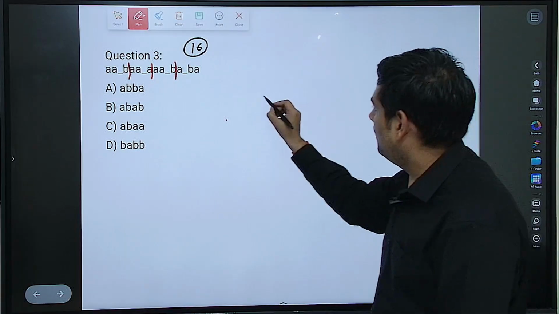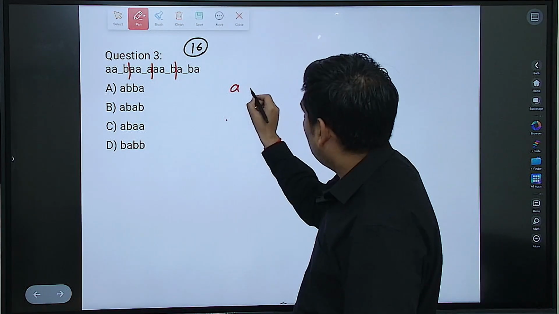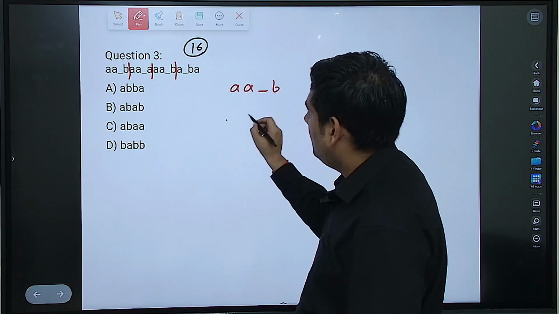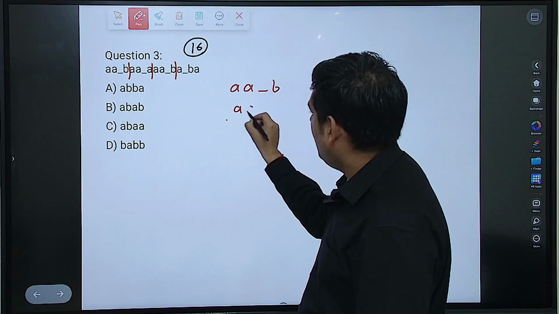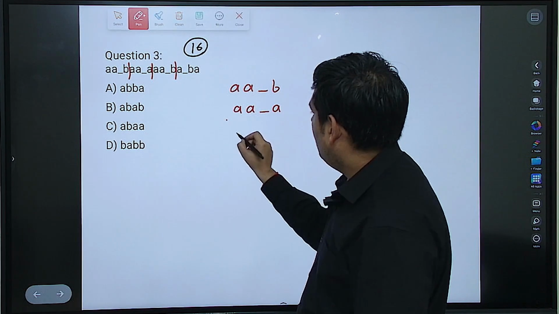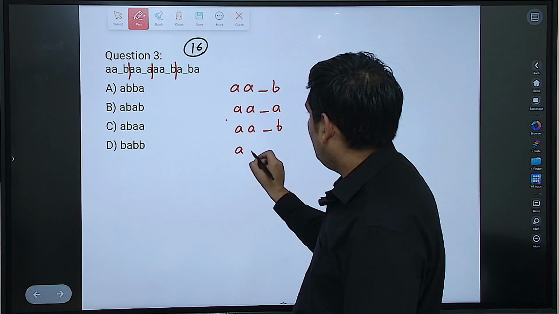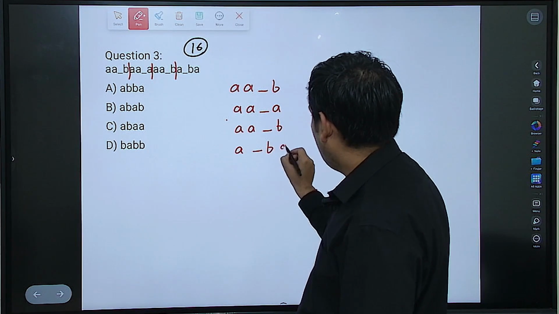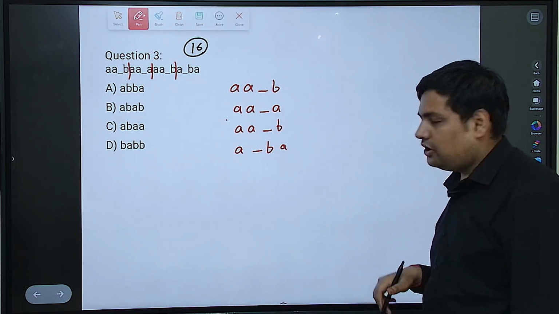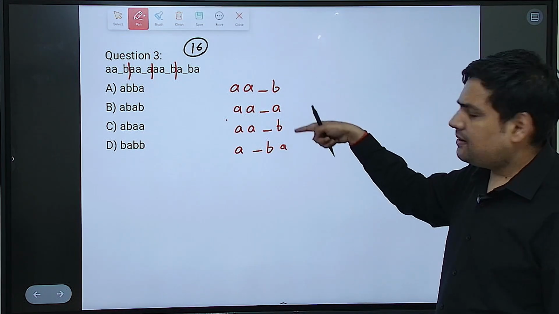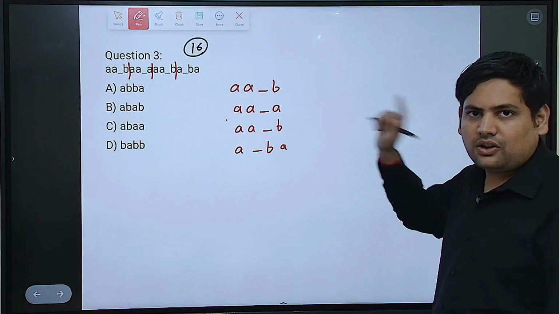Now let's see. This becomes A dash B, then A dash A, then A dash B, then A dash B A. Now, can you make them exactly the same? No. A and B are at the last place, so they cannot be made exactly the same.